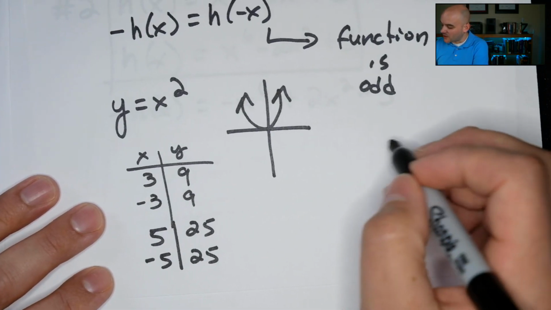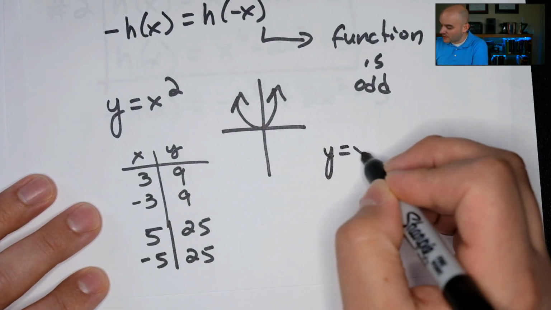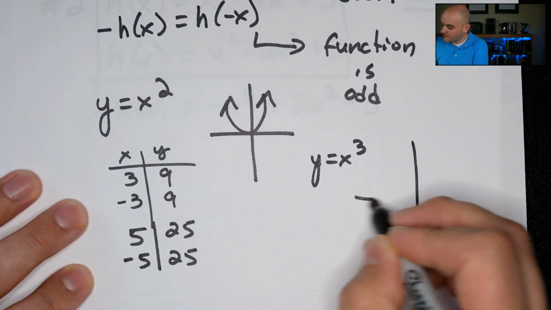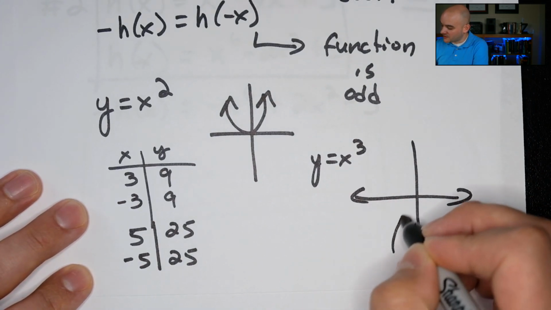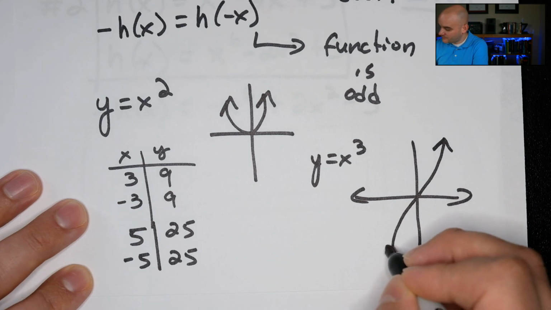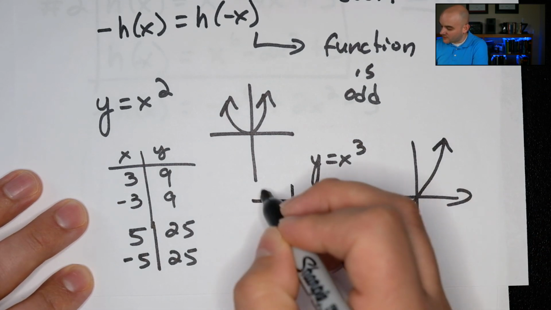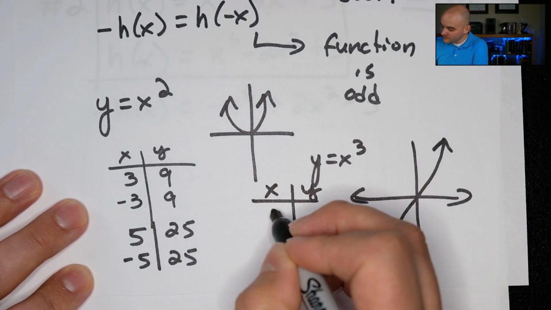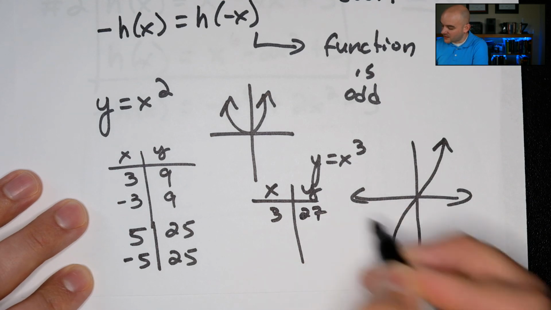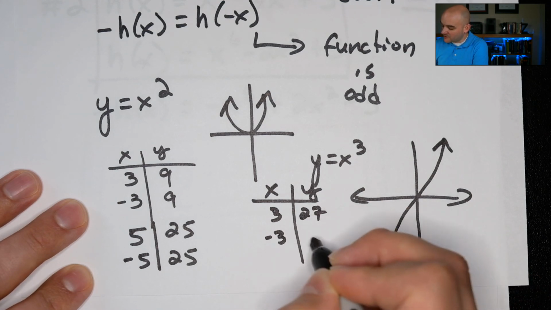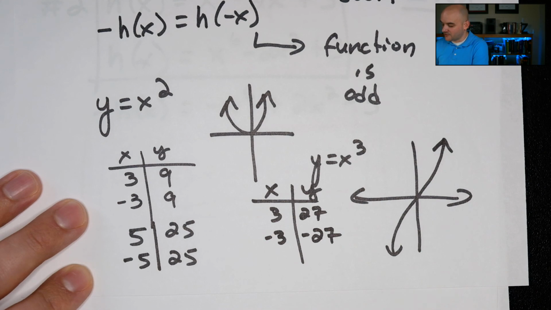And then likewise with x cubed. If we have y equals x cubed, it looks like this. And if you make another chart for it, if you put in 3, you get 27. If you put in negative 3, you get negative 27.